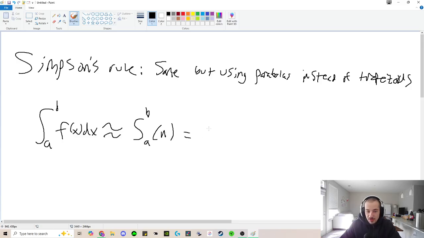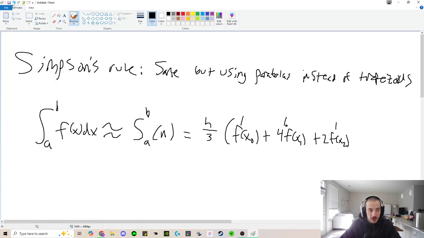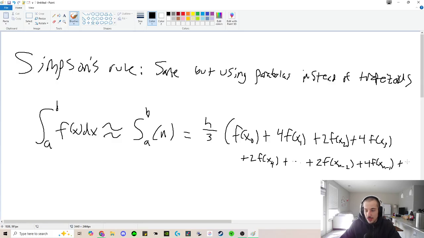S_b of n is going to be h over 3 times f of x naught, because we're not double counting this, plus 4 f of x1 plus 2 f of x2, because this guy's getting counted by this one and this one, plus 4 f of x3, we're alternating here, plus 2 f of x4, plus ... plus 2 f of x(n-2) plus 4 f of x(n-1) plus f of xn.